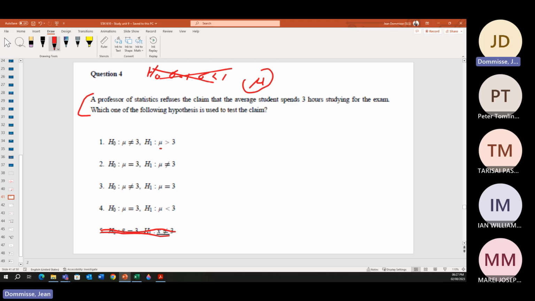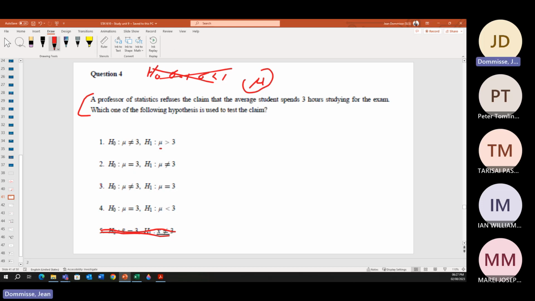The only thing that we test with hypothesis testing is the mean.